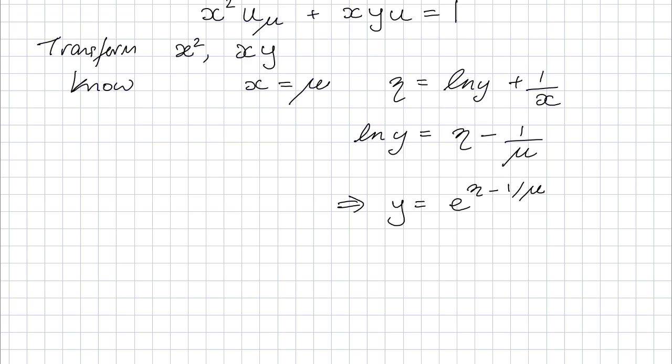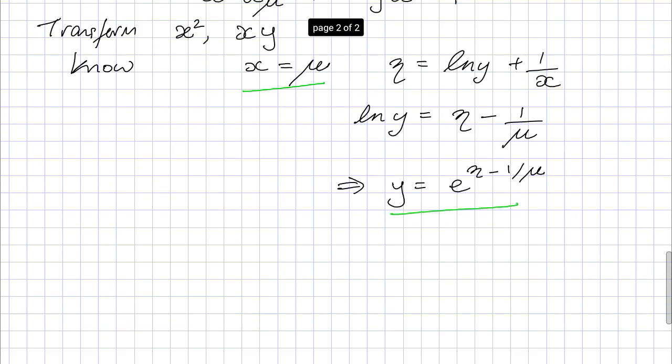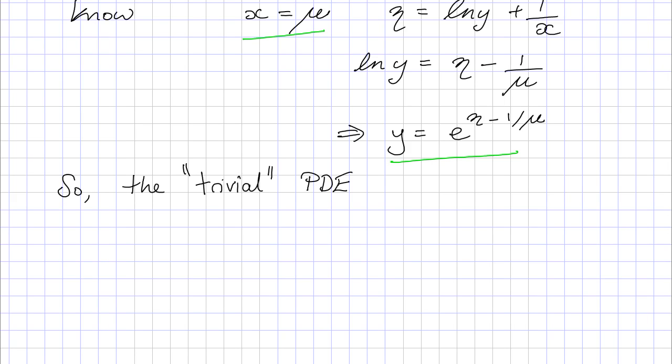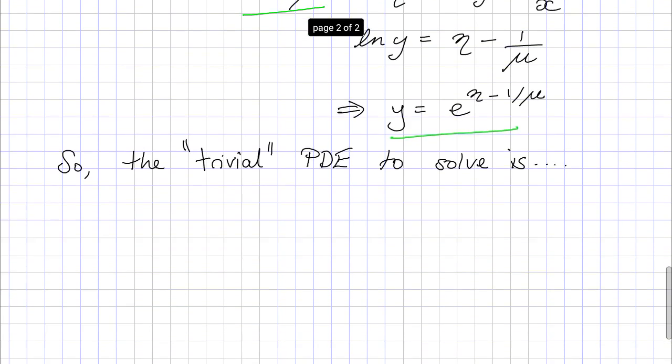So now we know both x and y as explicit functions of the two new variables. So we can pop those into our PDE, which brings us to the end. So the trivial PDE to solve is, we've got x squared.